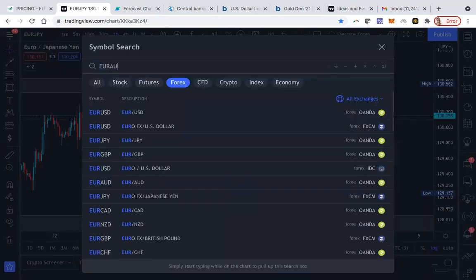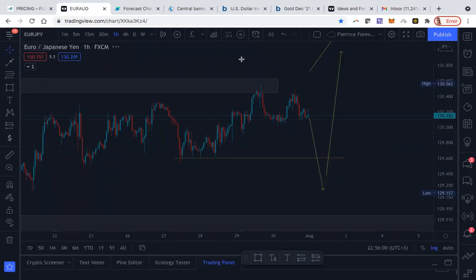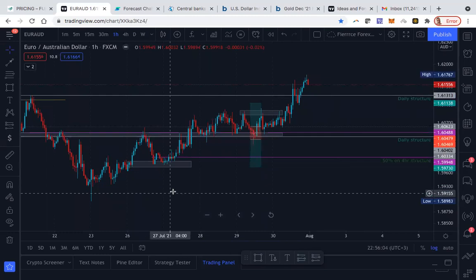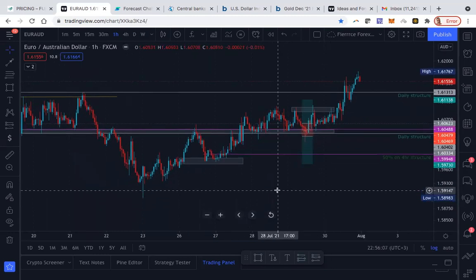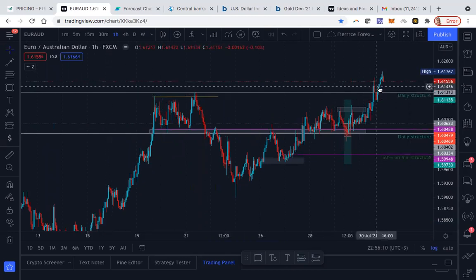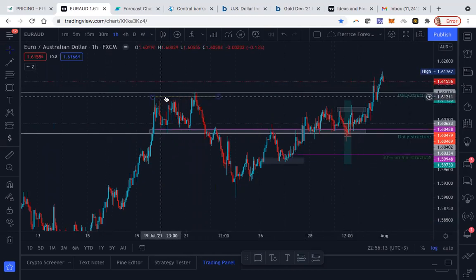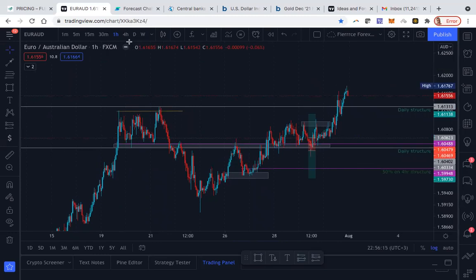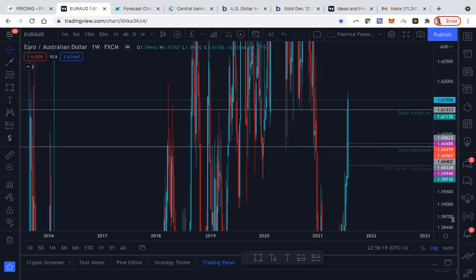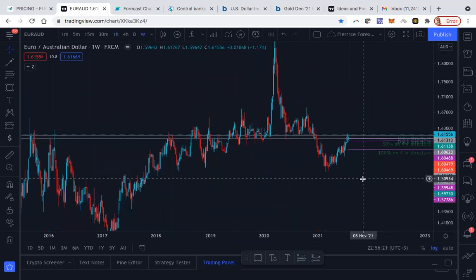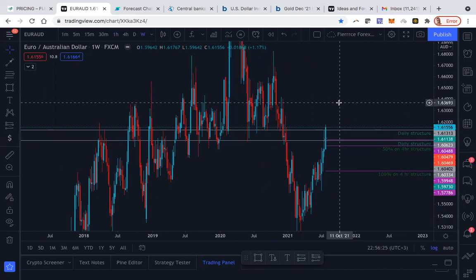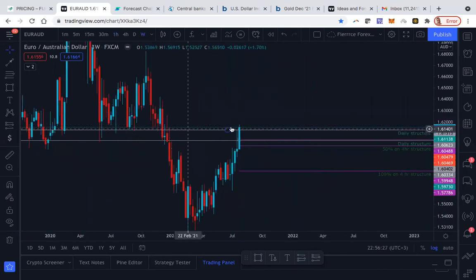So looking at Euro AUD, the third currency pair that I trade, Euro AUD broke structure here, okay. And let me look at the higher time frame though before I make my call. So if you look at it at this point in time, this is where we're at.